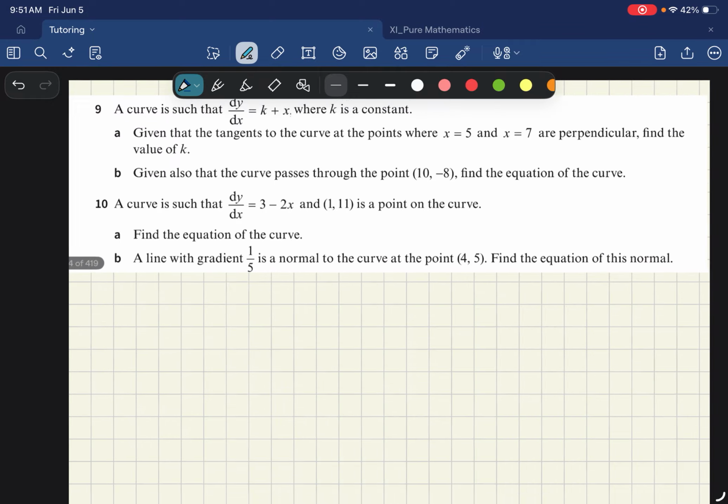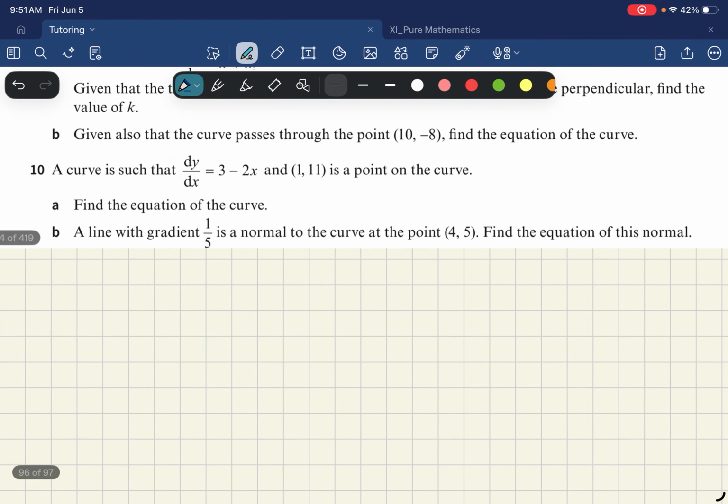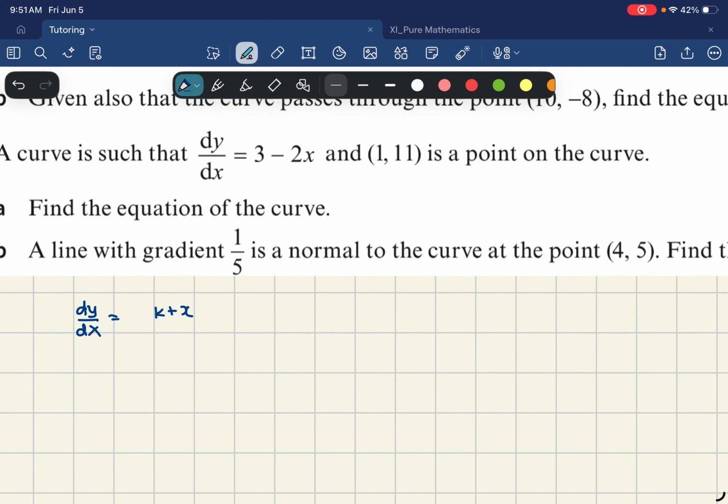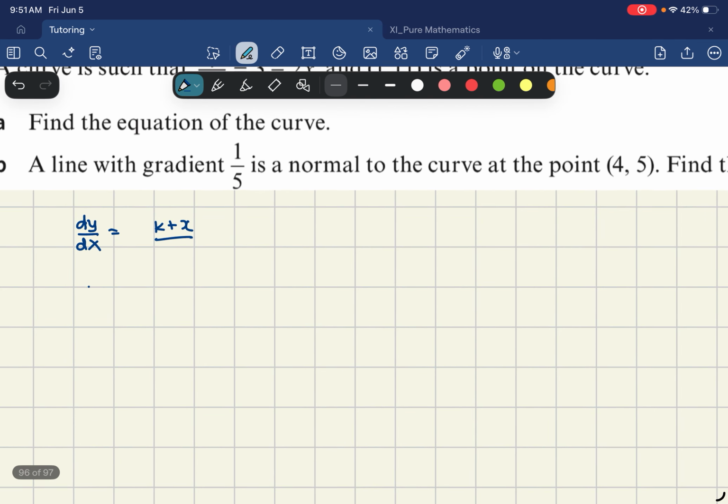All right, so question 9 says that we are given dy by dx is k plus x, where k is a constant. Given that the tangents to the curve at these 2 points are perpendicular, let's substitute 5 in here.